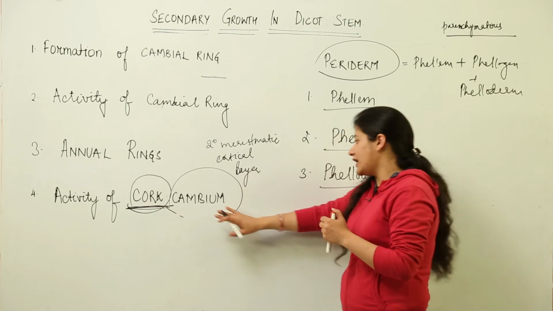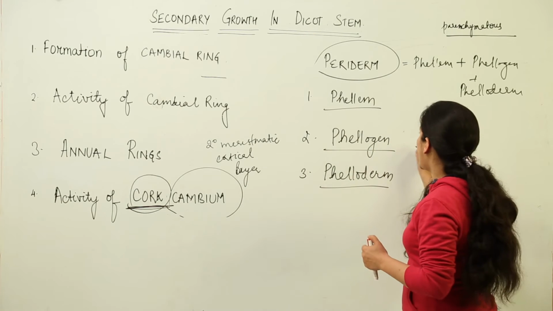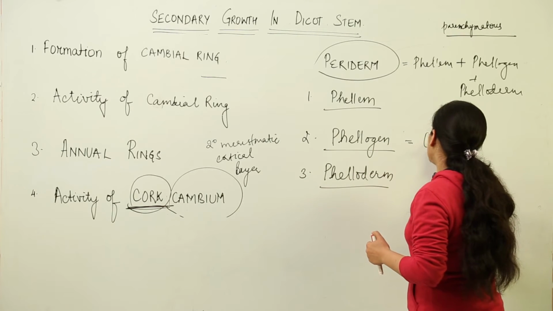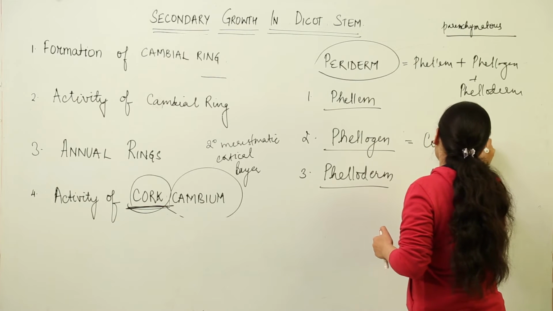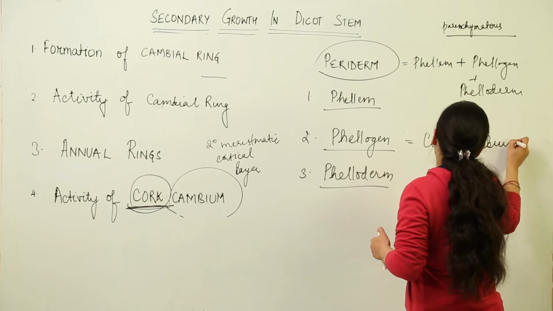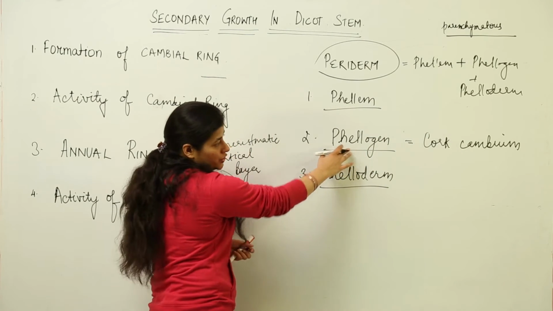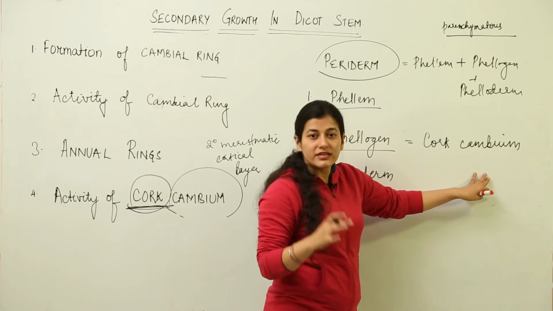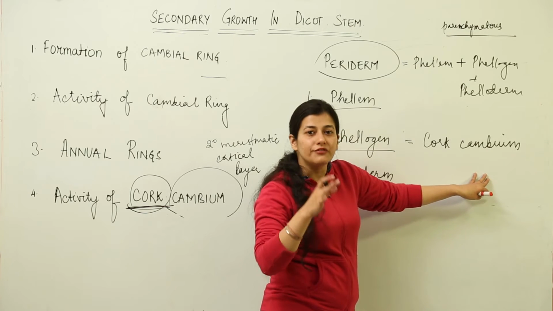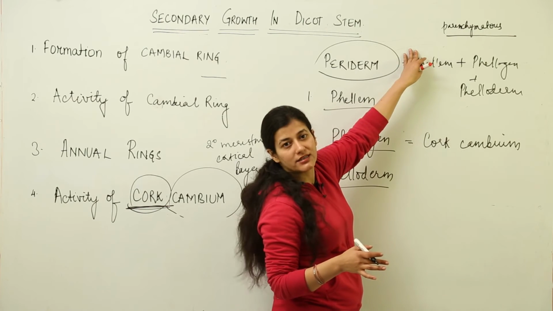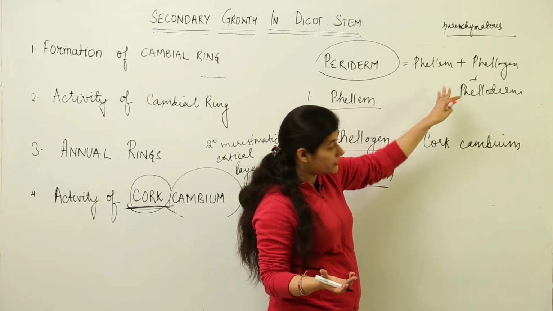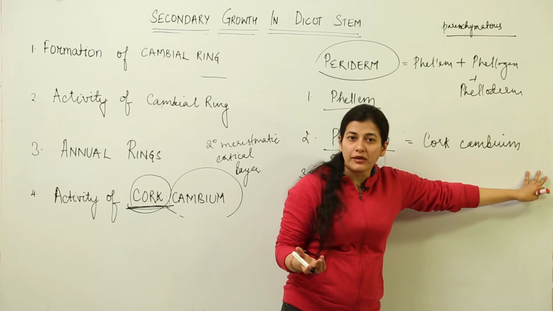Now this cork cambium otherwise is known as phellogen. Alright, so now you can relate a bit with this term which was quite new. The cambium that is formed by the dedifferentiation of parenchymatous cells of the cortical layers becomes cork cambium.